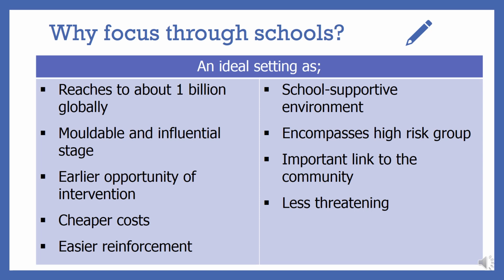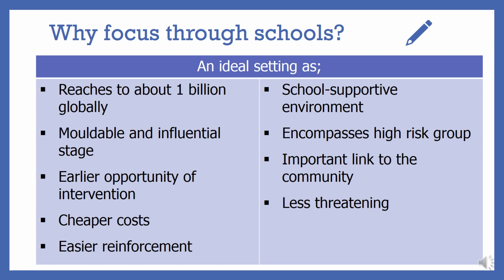And at this stage, the children are moldable and can easily be influenced. Long-lasting and sustainable oral health behavior may be developed at this stage. There is an earlier opportunity of intervention. Cost is much cheaper and easier to reinforce.